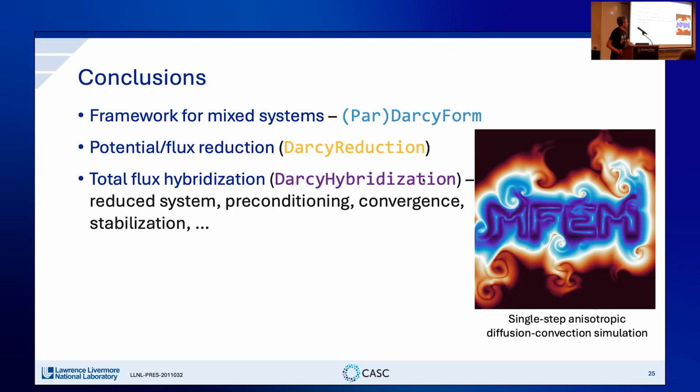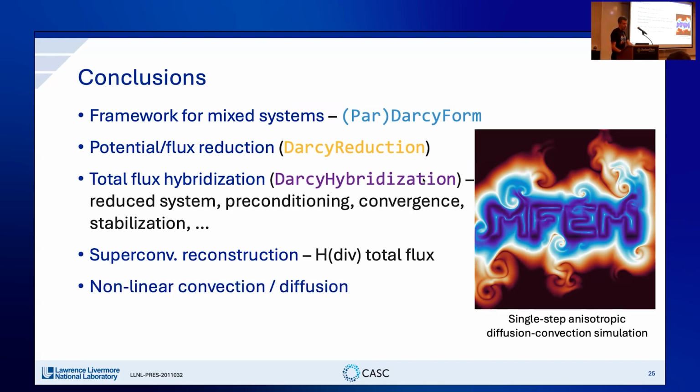And the solver is able to propagate the solution even this far. And newly, we have also reconstruction of the superconvergent quantities through that HDiff total flux, and nonlinear convection or diffusion. And there's work in progress on systems of equations.